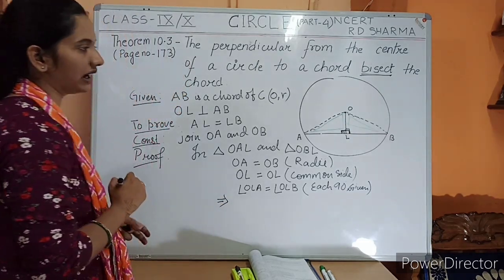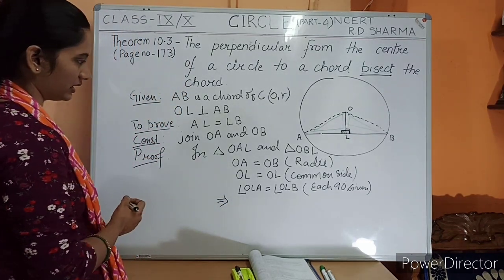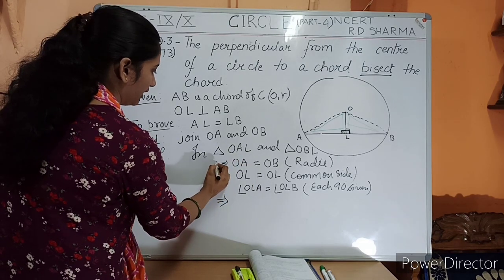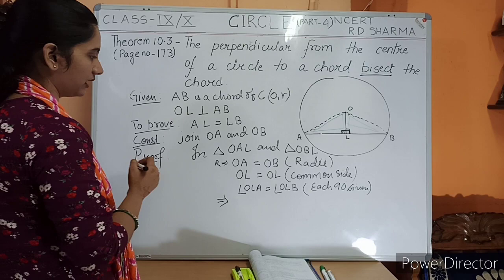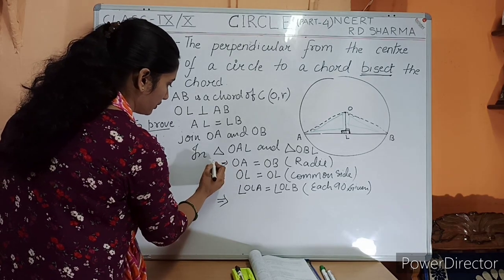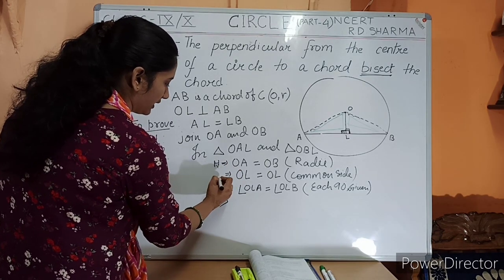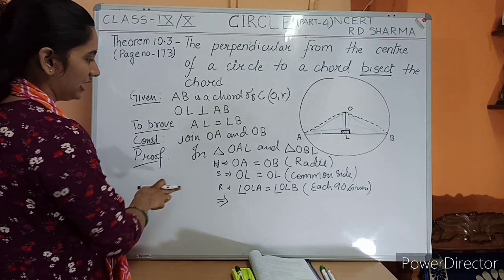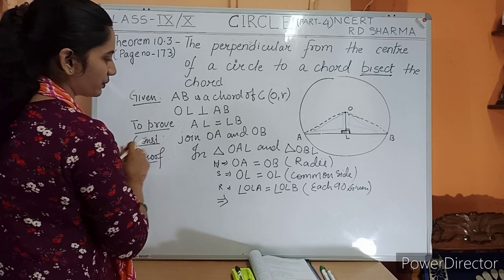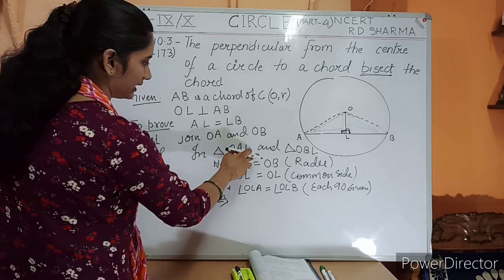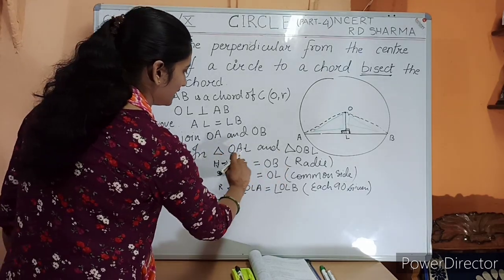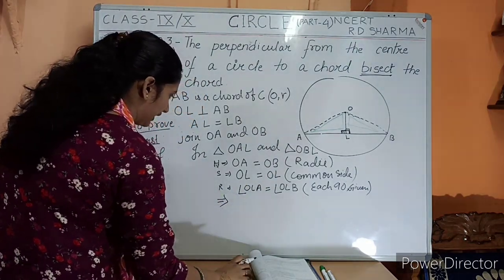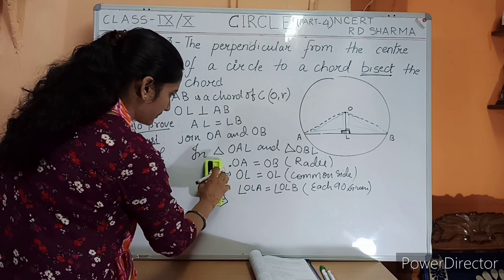By which property are they going to be congruent here? See, this is the radius and it will act like a hypotenuse also. This is what? This is a side and this is one 90-degree angle, meaning right angle. So by the RHS property we can show that these two triangles must be congruent.